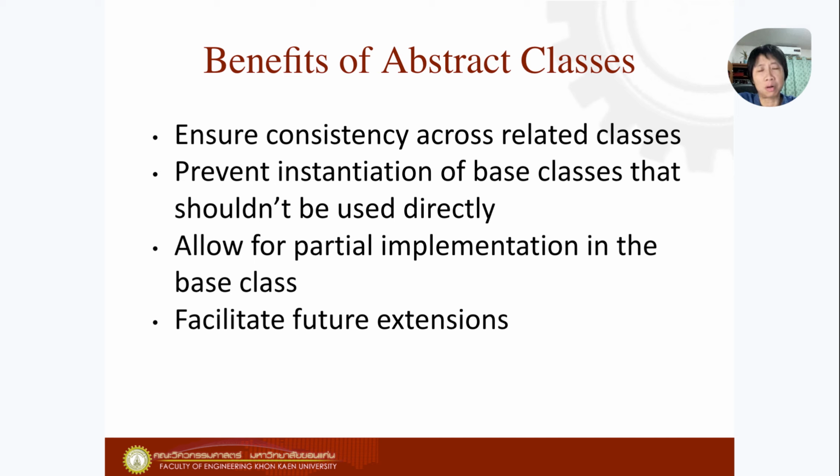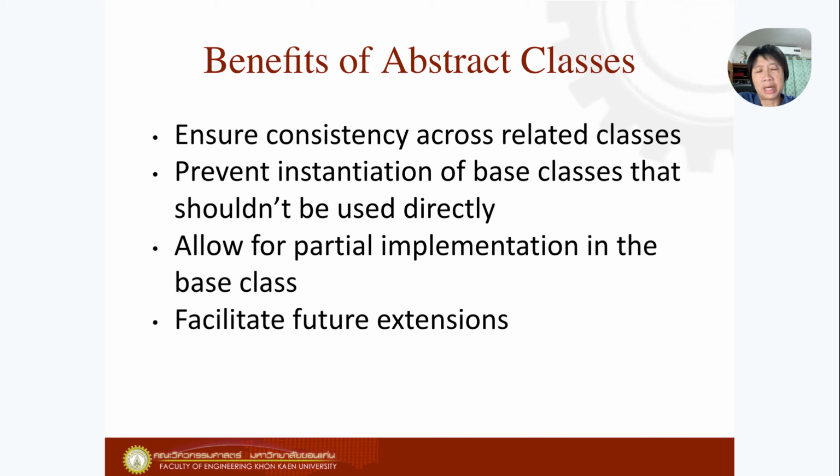So there should be a draw method, and it should be an abstract method because for different kinds of shapes the draw method will act differently. So we want subclasses of shape to implement draw for the specific kind of drawing in its own subclass. And by having an abstract class, it also facilitates future extensions.